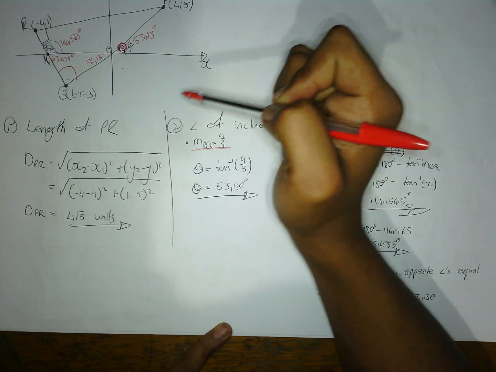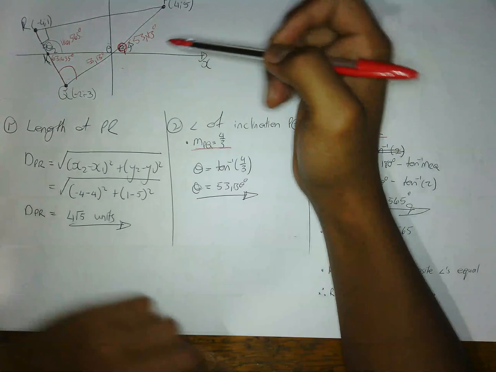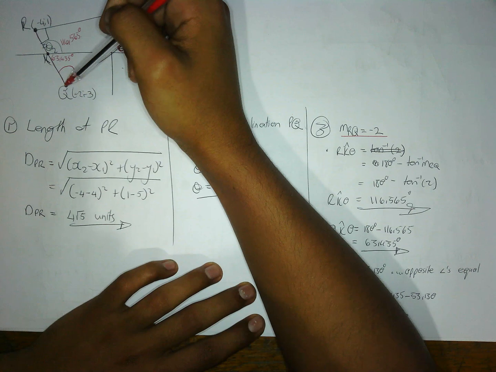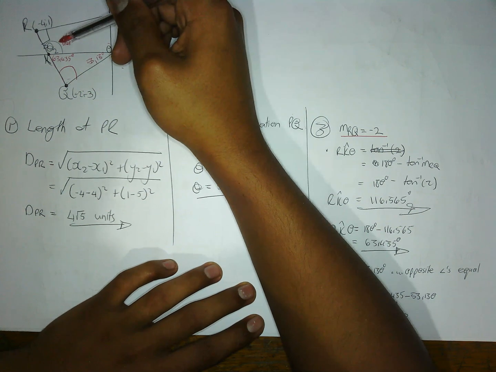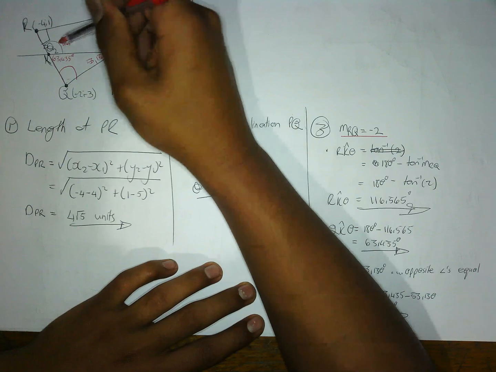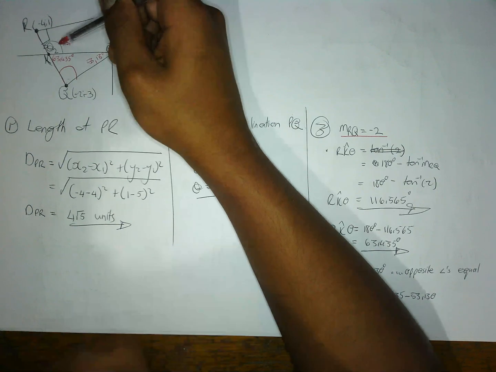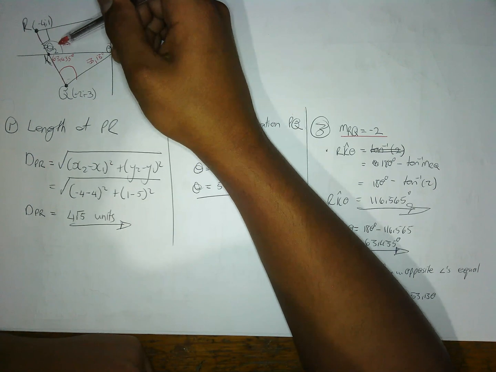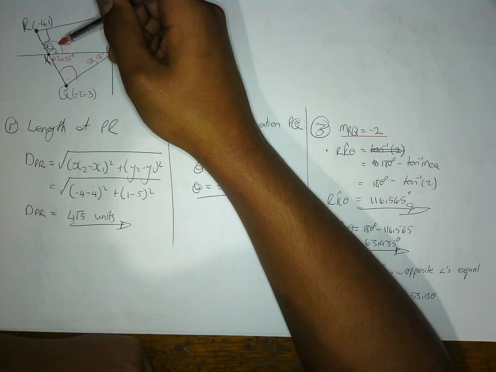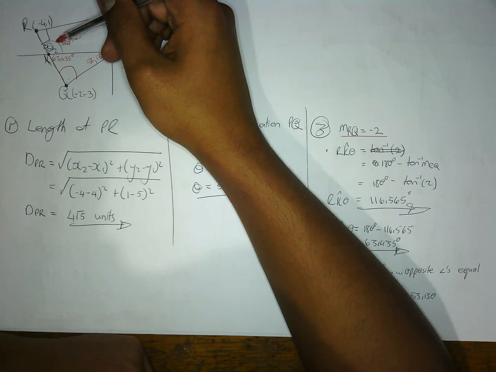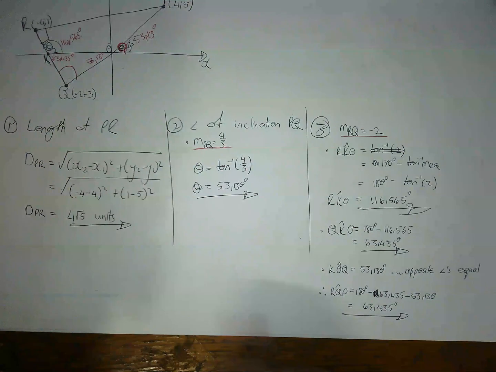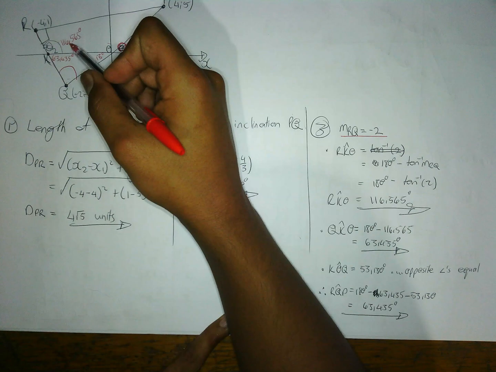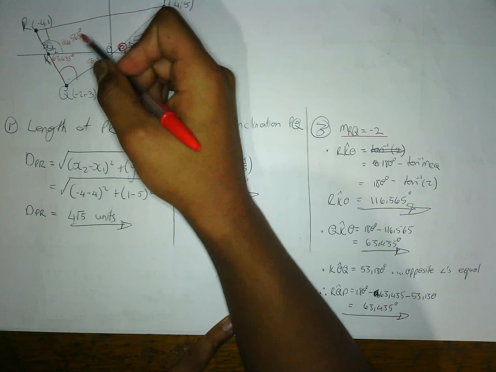Then I got this angle on top here. I said theta equals 180 degrees minus inverse tan of the gradient of RQ, which is given as -2. Then I got 116.565 degrees.